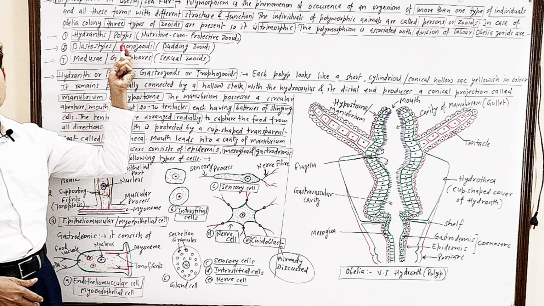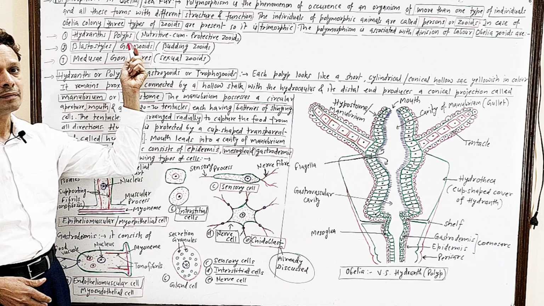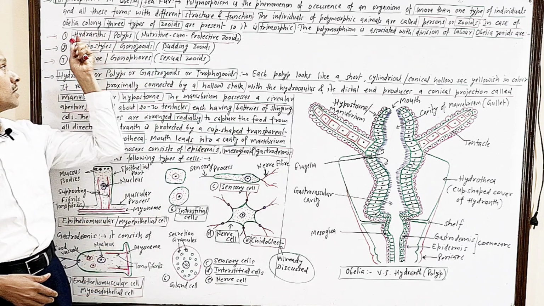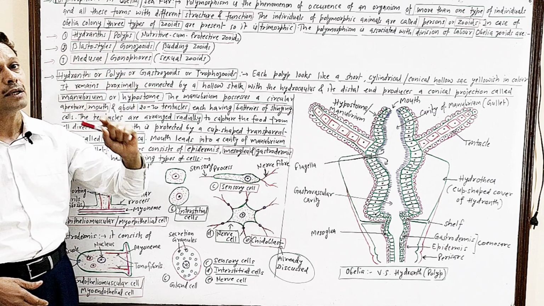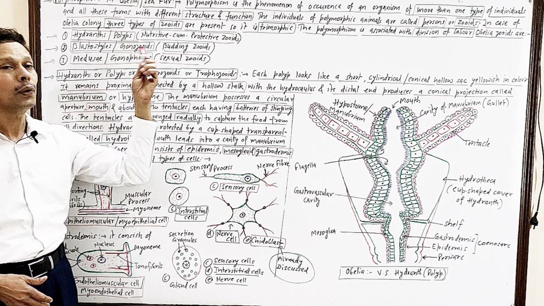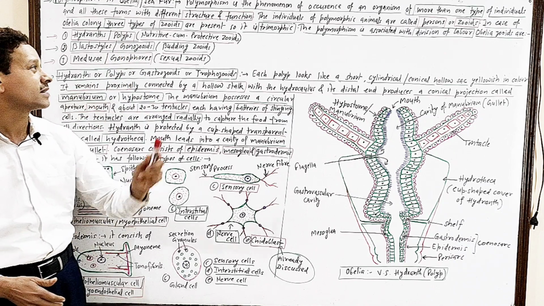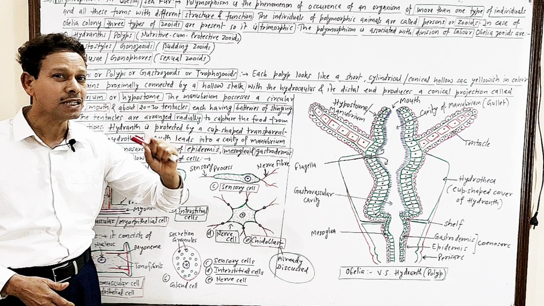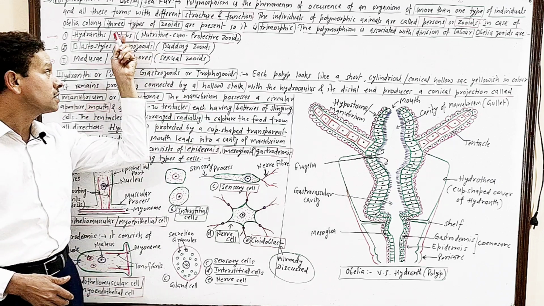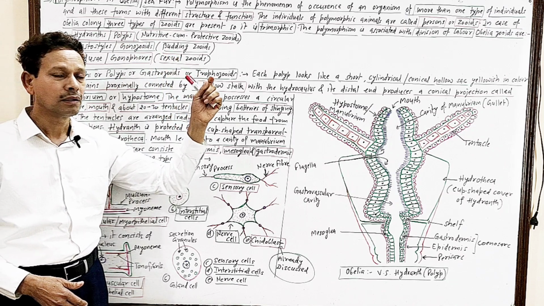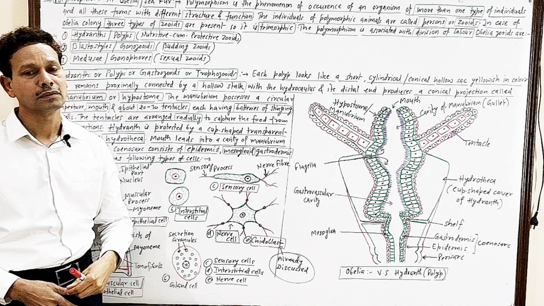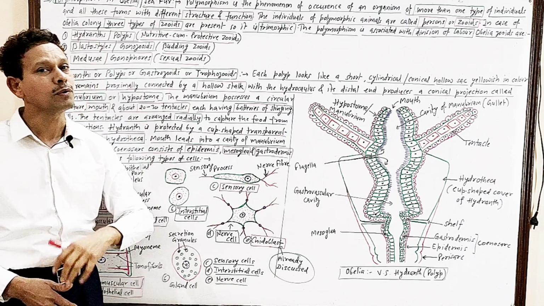This hydranth, also named polyp, is a nutritive cum protective zooid. The second zooid is the blastostyle. This is a gonozoid, or dear students, a budding zooid. It means it is involved in asexual reproduction. By producing buds, the blastostyle gives rise to the sexual zooids, the medusa.